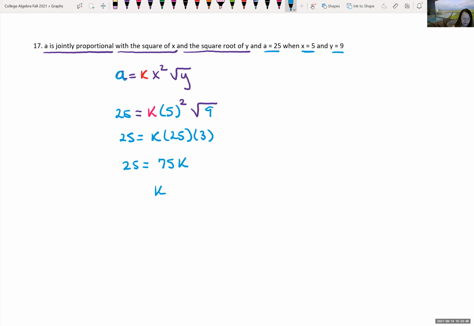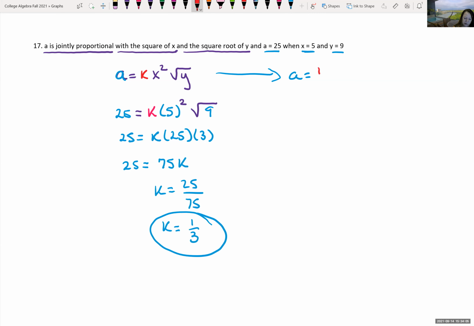So K is equal to 25 over 75, but that reduces, both of them have 25 in common. So K is equal to 1/3. So our equation is A is equal to 1/3 times X squared times the square root of Y.